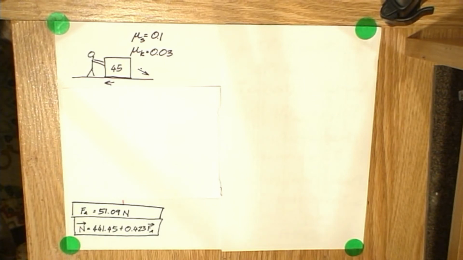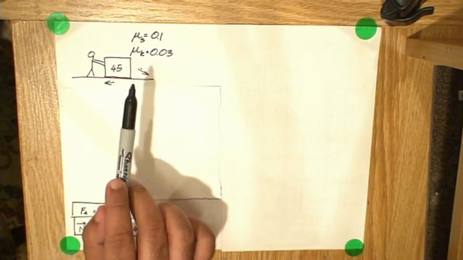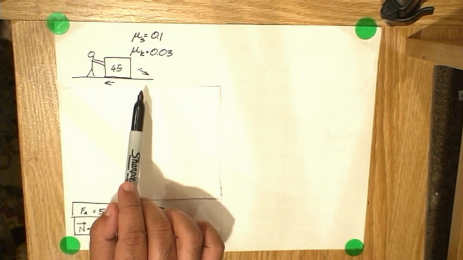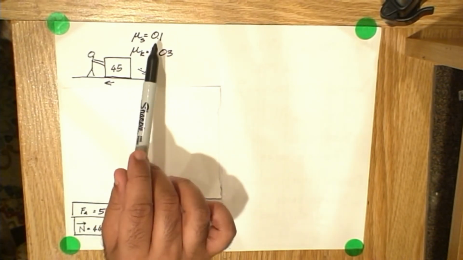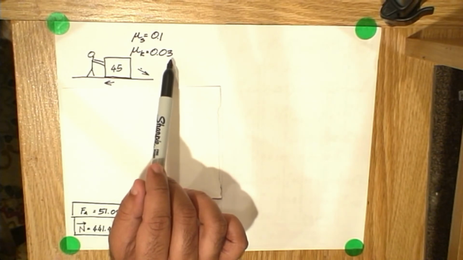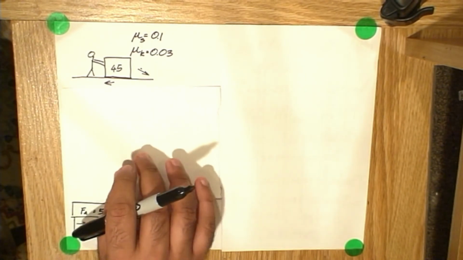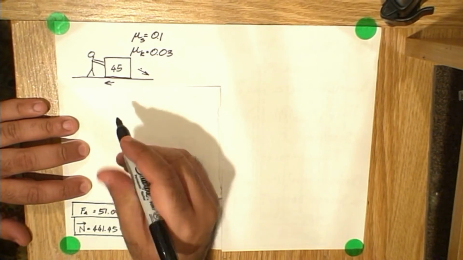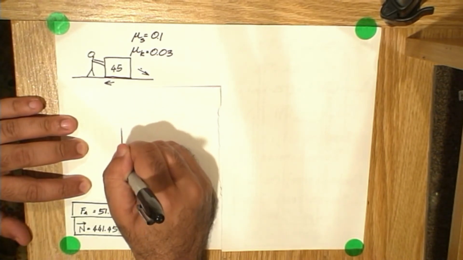Now, the next part of this question asks, once we have started pushing it with an applied force of 51.09 newtons, what is going to be the acceleration that results? Remember, now we have started it from rest, which means that we are no longer in the realm of static friction. We're now in the realm of kinetic friction. So that means that technically we would need to redraw our free body diagram.